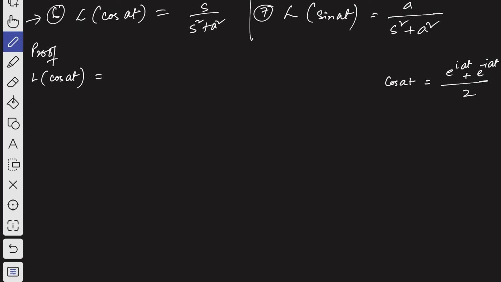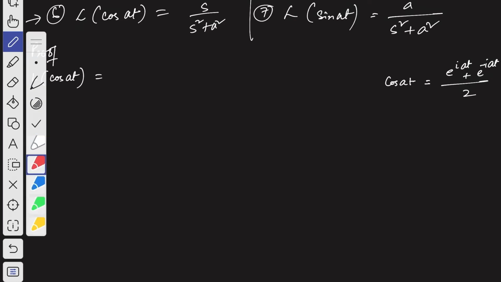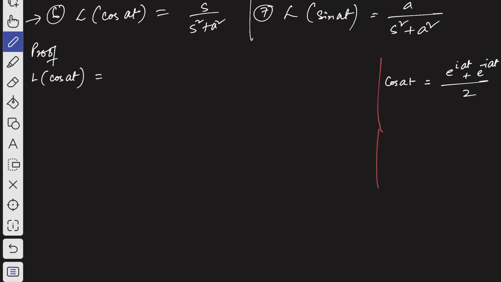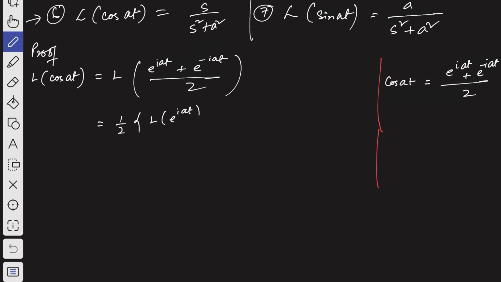If you use this formula here, then the Laplace transformation of e to the power iat plus e to the power minus iat, divided by 2, you can write as 1 by 2 times the Laplace transformation of e to the power iat plus the Laplace transformation of e to the power minus iat. That's what you will get, right?